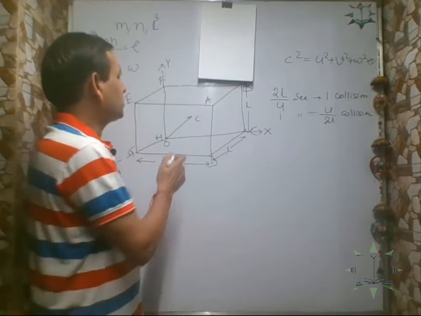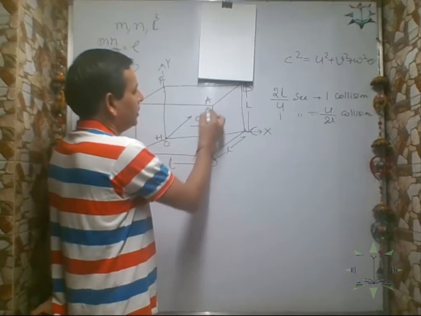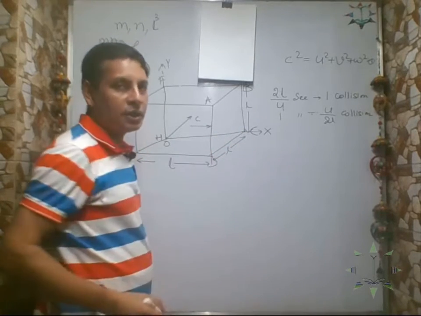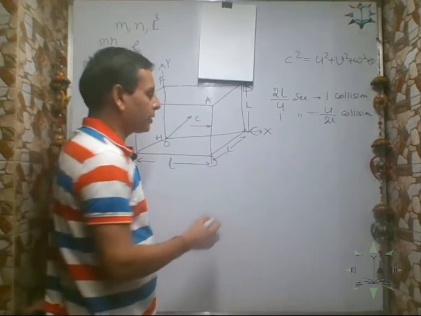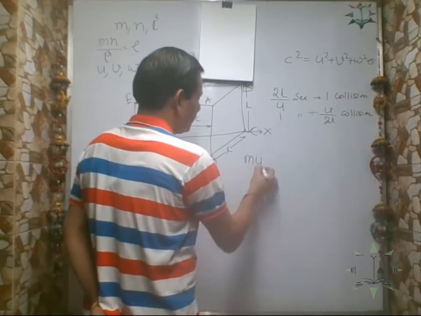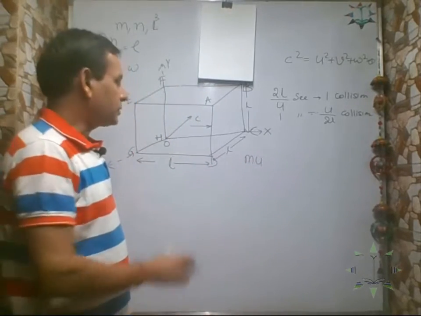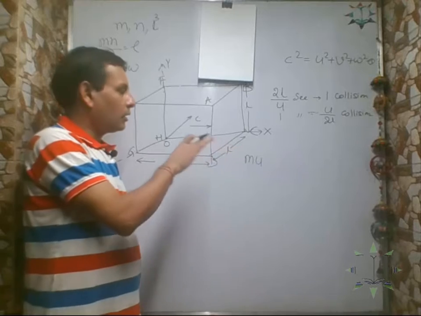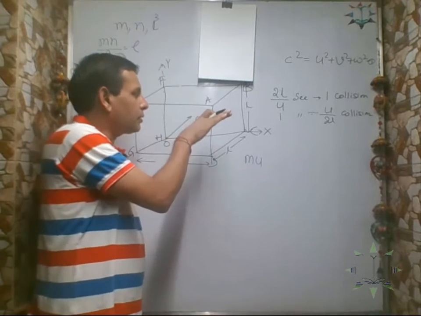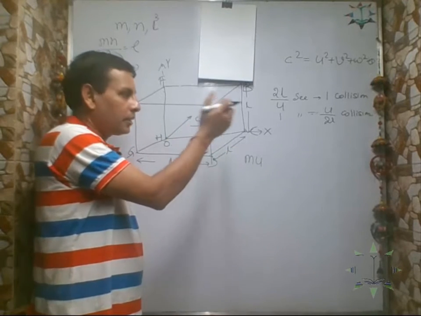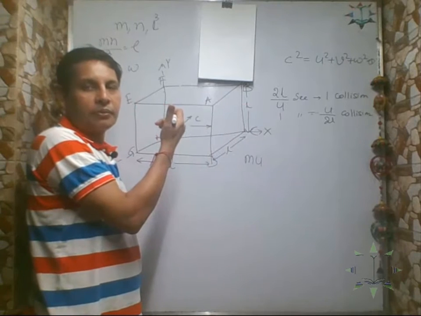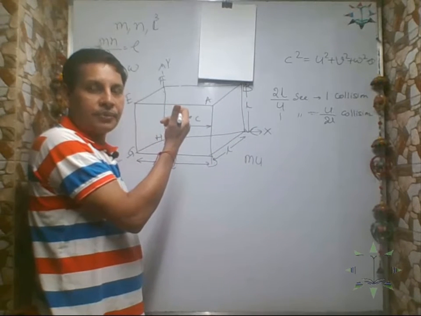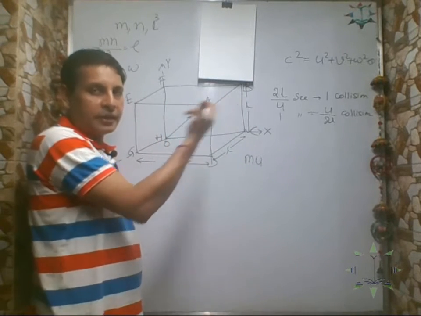Suppose this molecule is colliding with this wall ABCD with a velocity u. So what is the initial momentum? m into u. It is an elastic collision. If it collides with the wall with a velocity u, then it reverts back with a speed u, only the direction changes.